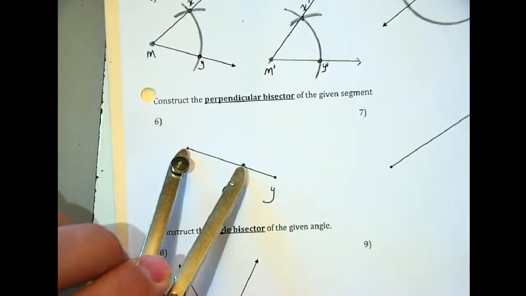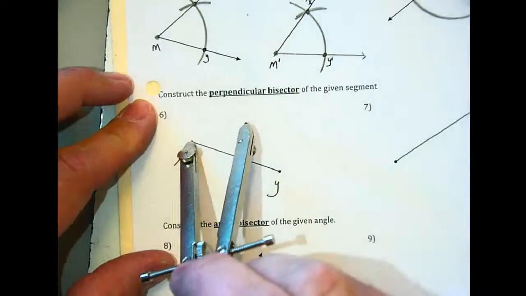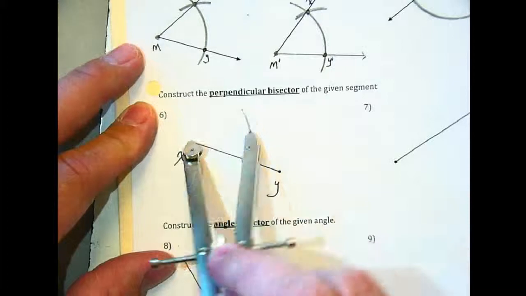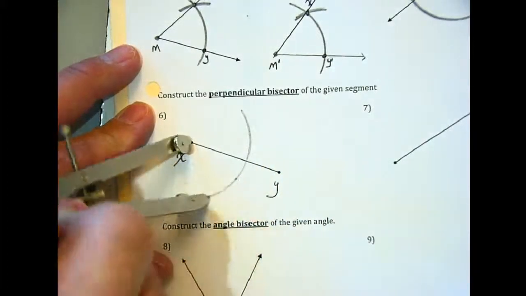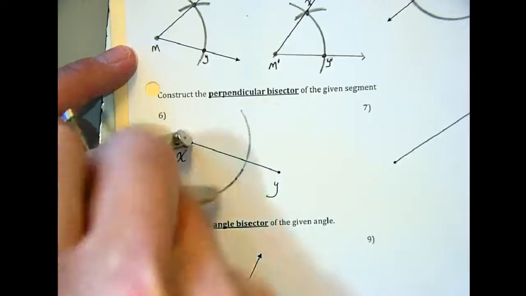Definitely needs to be more than halfway. And what you're going to do is you're going to start way up here, and you're going to make just kind of a big arc there. Okay, almost like a semicircle.